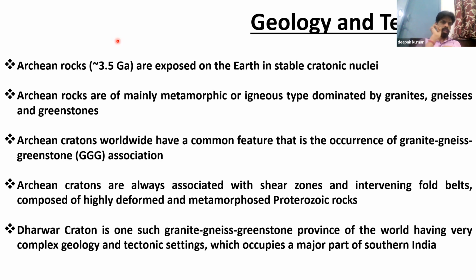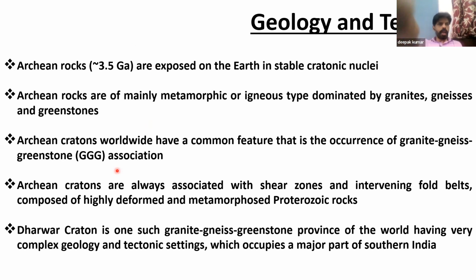Wherever there are Archean cratons around the globe, they are all dominated by these granite, gneiss, and greenstone types of rocks. So the most common association of rocks in Archean cratons is granite, gneiss, greenstone, which I have already discussed.